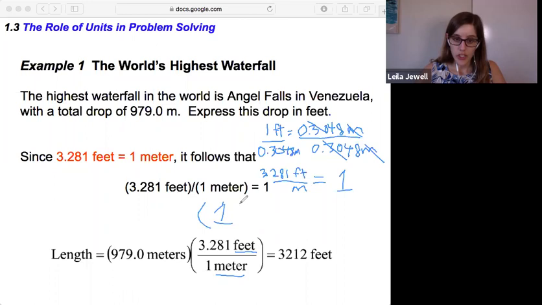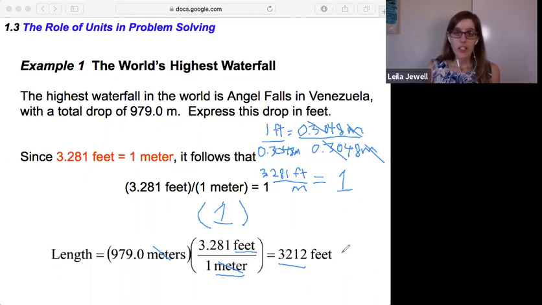So I'm not changing the number in any way, but it is going to change the units as long as I also include this number in here. The meters are going to cancel because I'll have meters divided by meters. Then I multiply the numbers that are left, 979 times 3.281, and that will give me 3,212, and the only units left are the feet, so it's about 3,000 feet effectively.